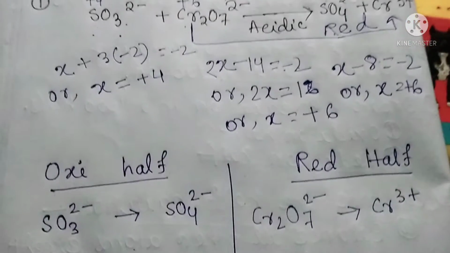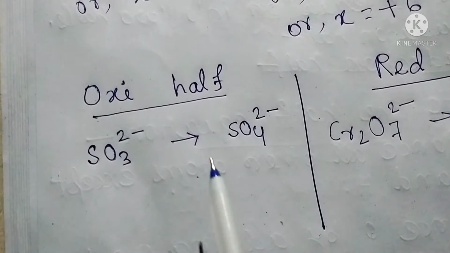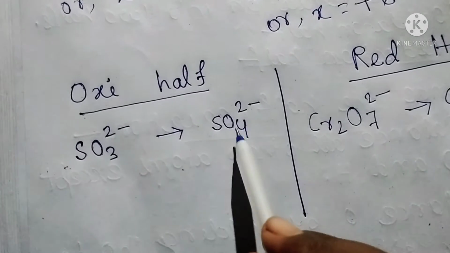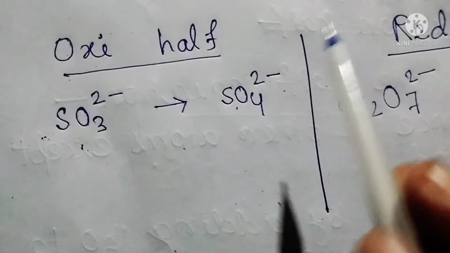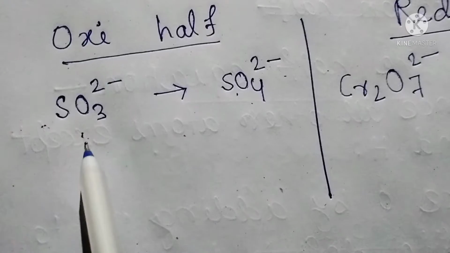So at first balance all other atoms except oxygen and hydrogen. Here one sulfur is present, here also, so this is balanced. Now here 3 oxygens are present and here 4 oxygens are present, so here 1 oxygen is deficient.